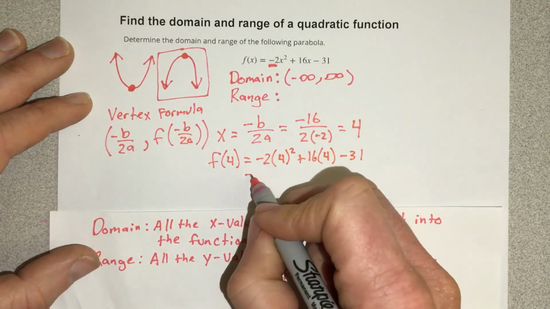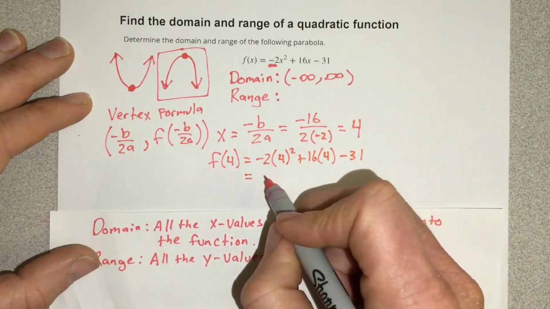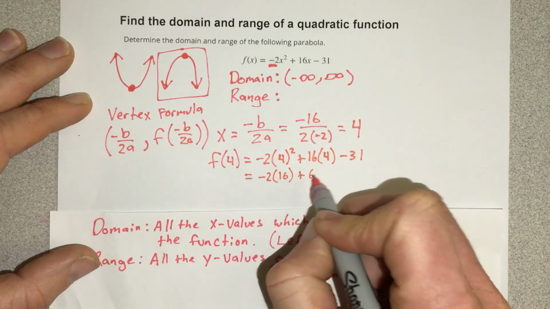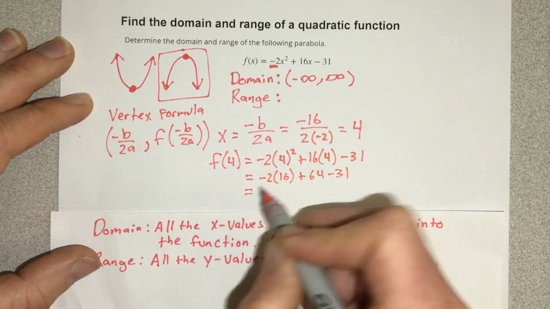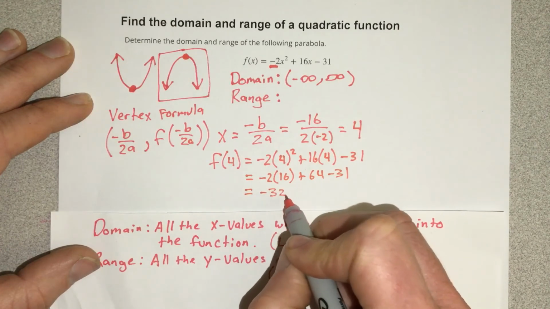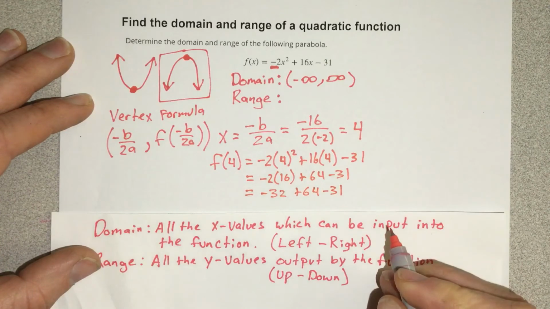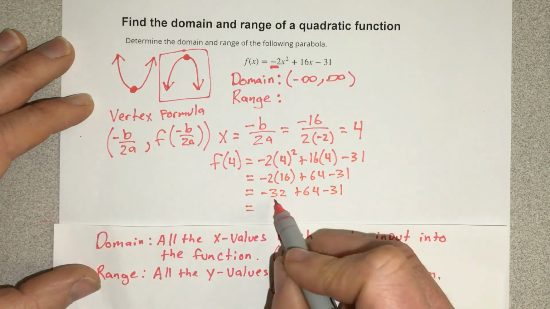If I go ahead and evaluate that, 4 squared is 16, so it's -2 times 16, plus 64 minus 31. So I get -32 plus 64 minus 31, which is 1.